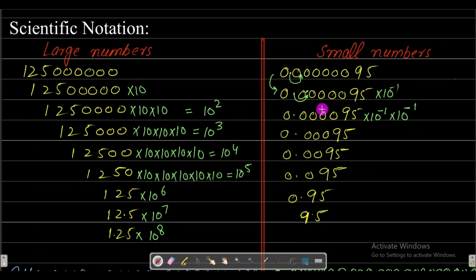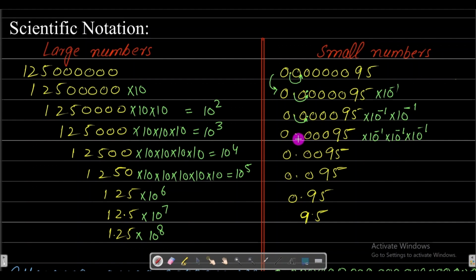And similarly, if we shift this point to here, okay, now on the right side of the point, we will have 3 zeros, and this is the same scenario. So in order to maintain the magnitude, we will multiply another 10 here. So this 10 power minus 1 and 10 power minus 1 are as they are. And during this step, we will write another 10 power minus 1.